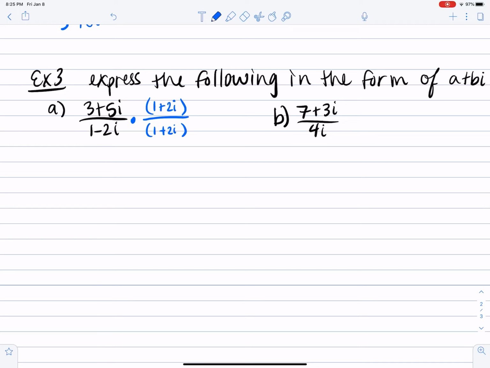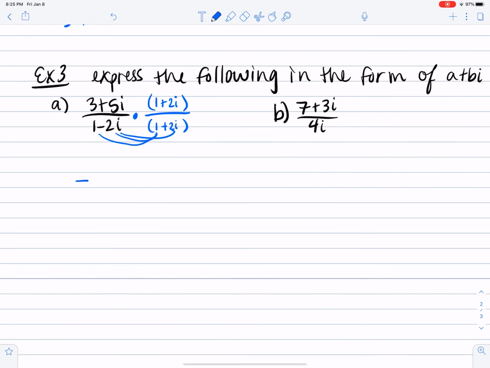So the bottom down here ends up looking nicer, so you just got to do the FOIL. I'm going to leave the top for just a second and do the bottom first. The bottom is 1 plus 2i minus 2i, and see how that cancels? Minus 2i squared.